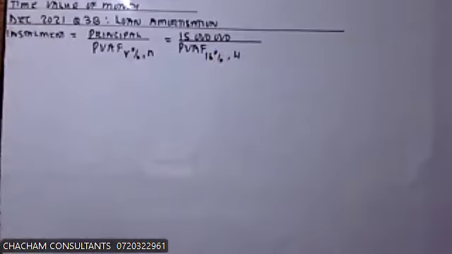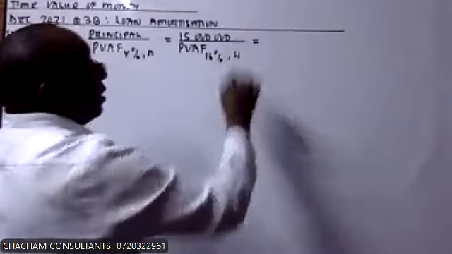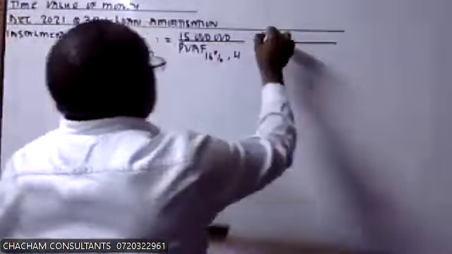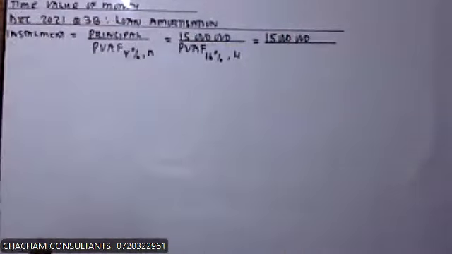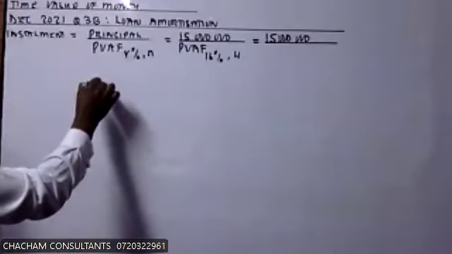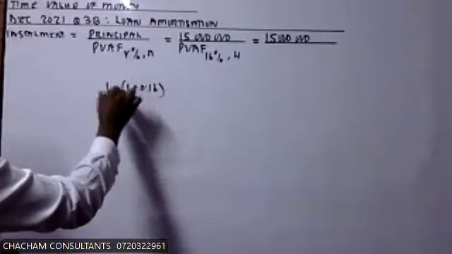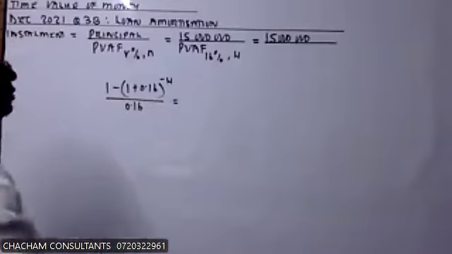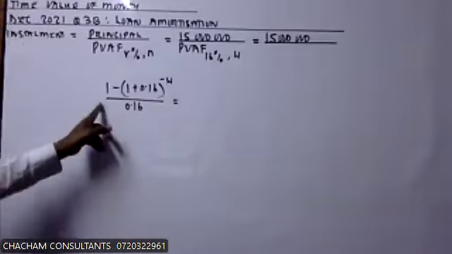Remember, PVAF is the annuity. If you don't want to go to the table, you say 1 minus (1 plus 0.16) raised to the power minus 4, divided by 0.16. Either way, you either go to the table or you compute the PVAF.